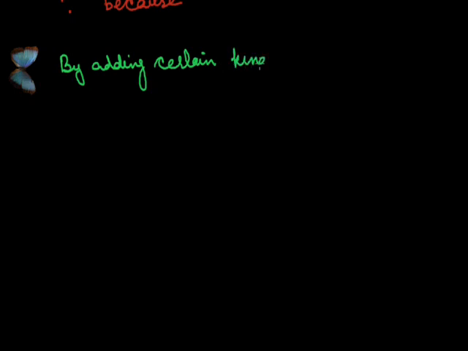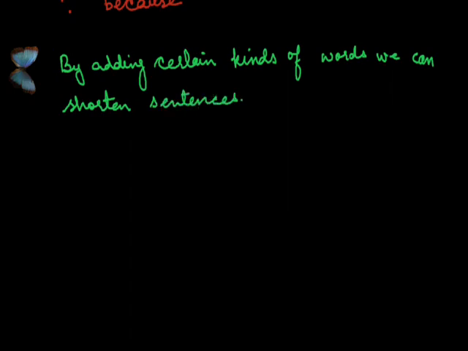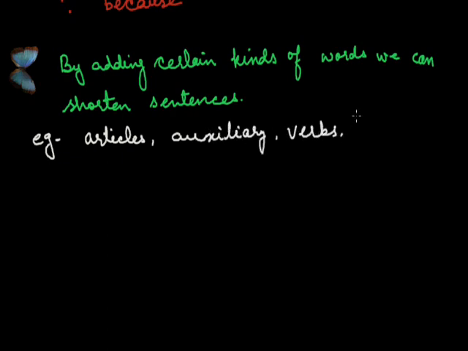Next, by omitting certain kinds of words, we can shorten sentences, for example articles, auxiliary verbs, relative pronouns, and conjunctions.